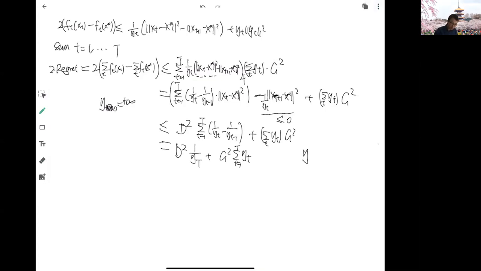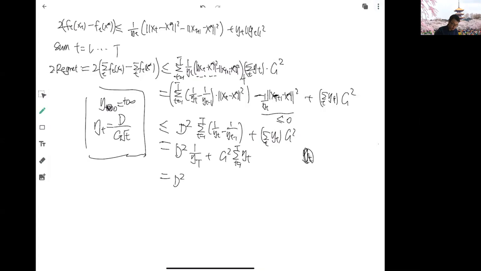So let's recall how eta_t is defined. Eta_t in our main theorem is defined to be D over G square root of t. Right? So let's substitute this into the equation.